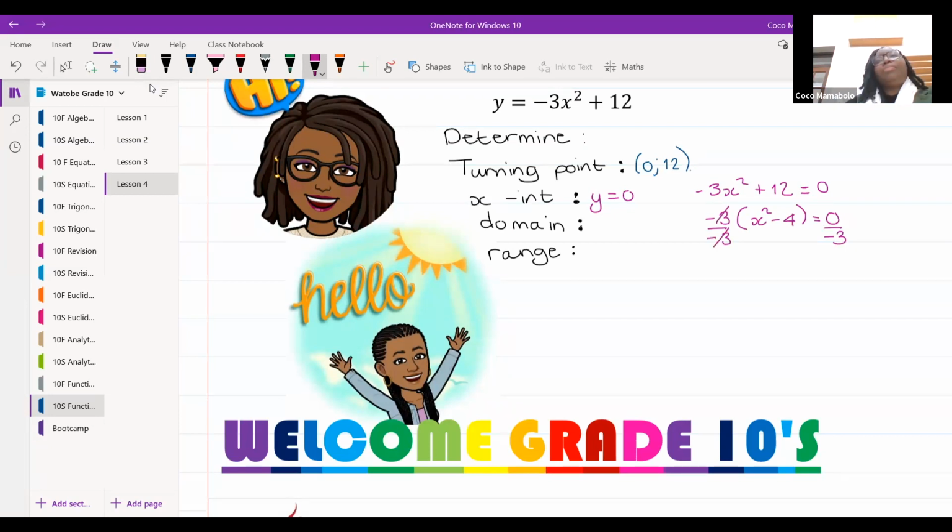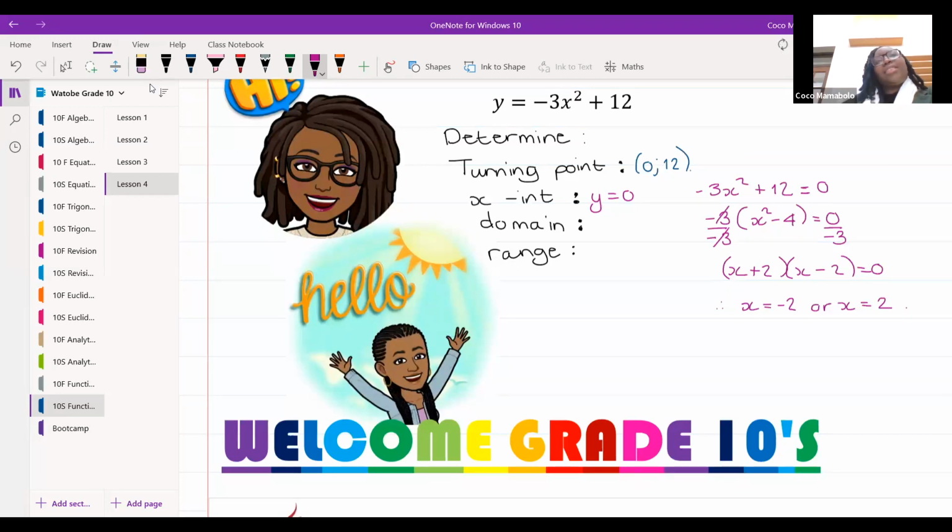Then we have (x plus 2)(x minus 2) is equal to 0. Therefore x is equal to negative 2 or x is equal to positive 2. Beautiful. You're not done.